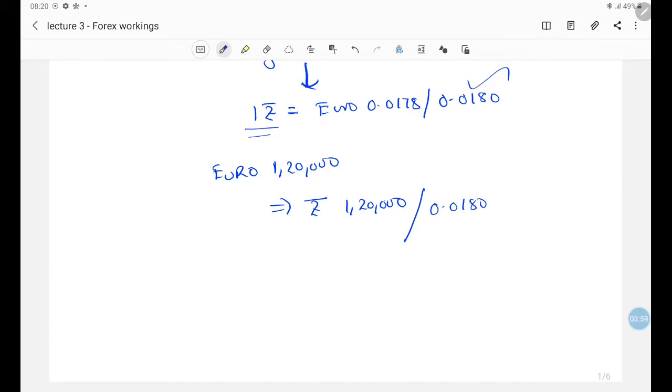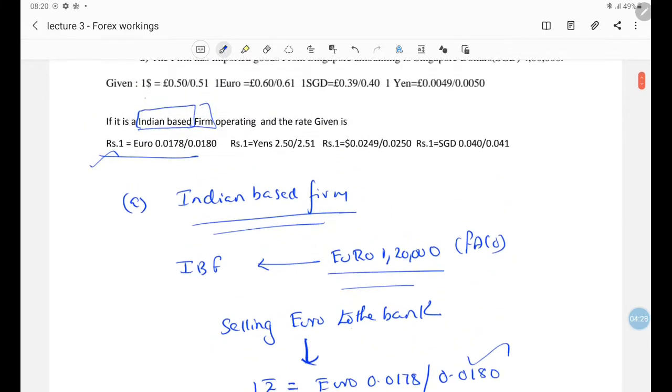How much are we getting? We are getting something around 66 lakh 66,666. So this is the amount we are getting. So there is no confusion over here.